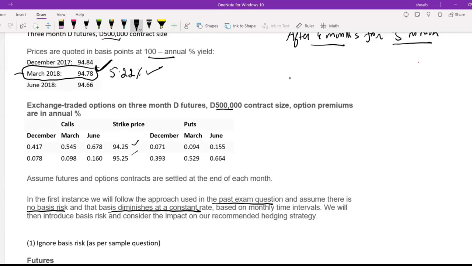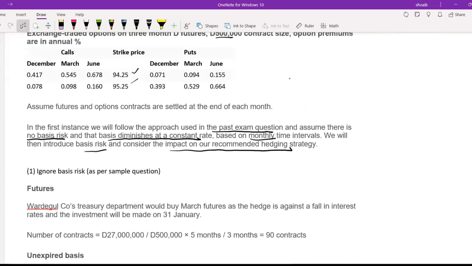Basis would be there and would diminish to zero at a constant rate, but there would be no basis risk. Based on the monthly interval, we will then introduce basis risk and consider the impact on our recommended hedging strategy. So we will solve it as a normal question.